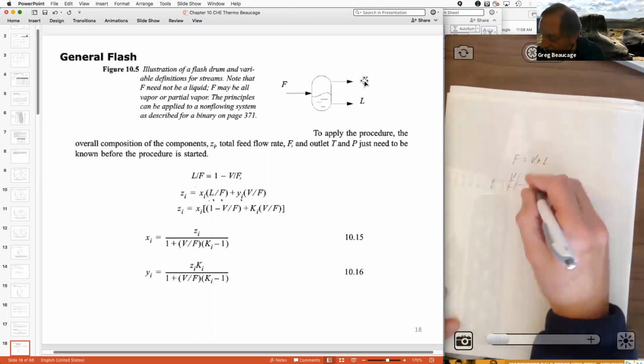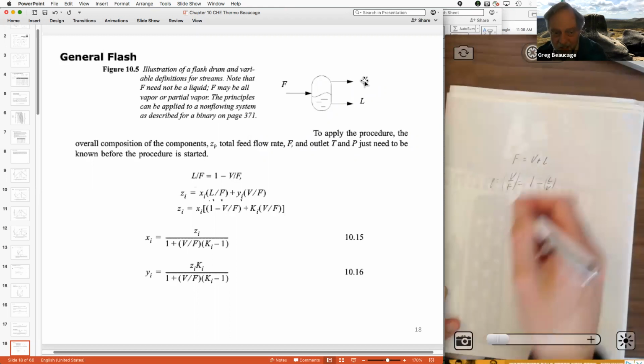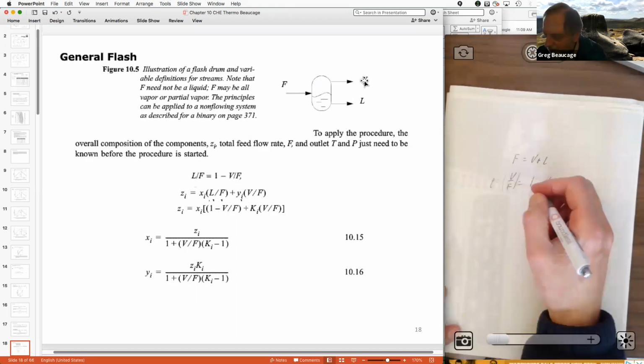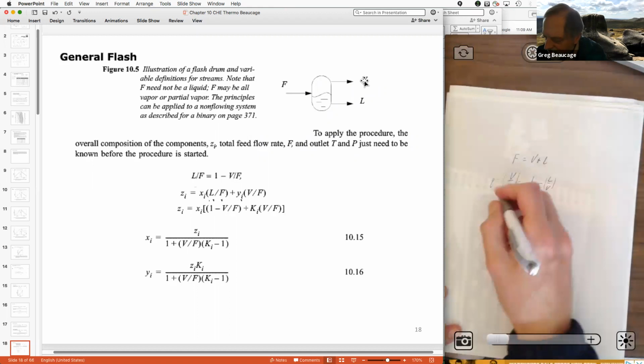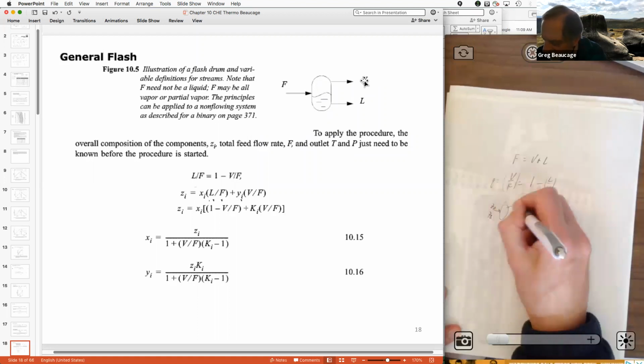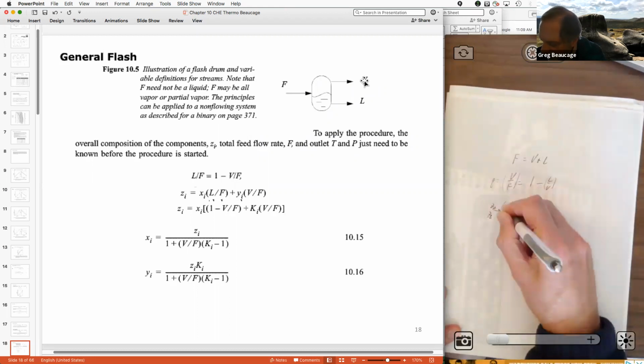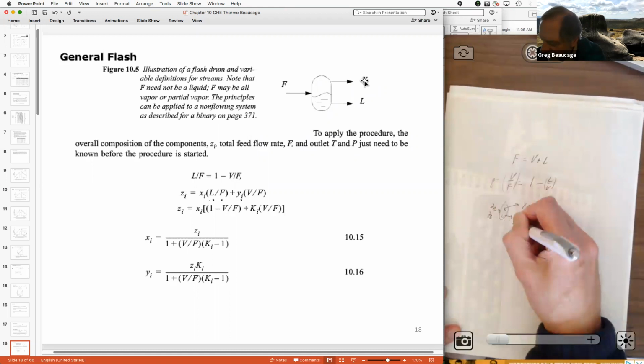And that's going to be 1 minus L by V. So you kind of have that expression. And then if you know the composition, so if you're going into a tank with a composition of ZA and ZB, or it could be multiple compositions, you're going to come out with YA and YB for the vapor, and the liquid's going to be XA and XB.